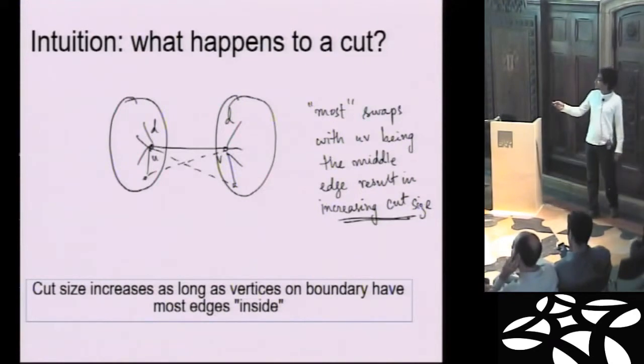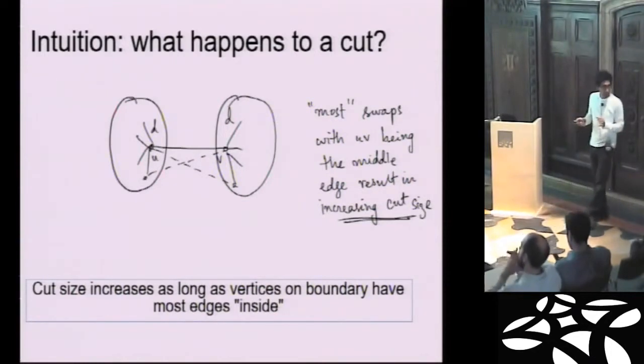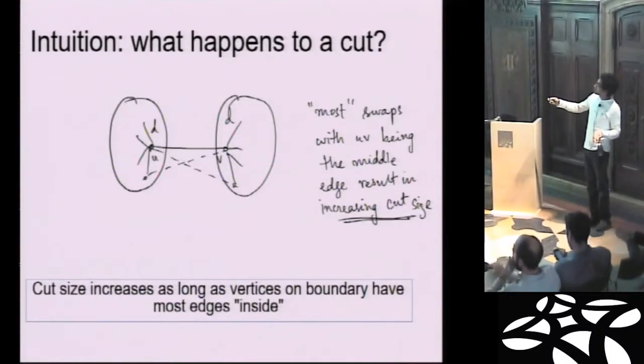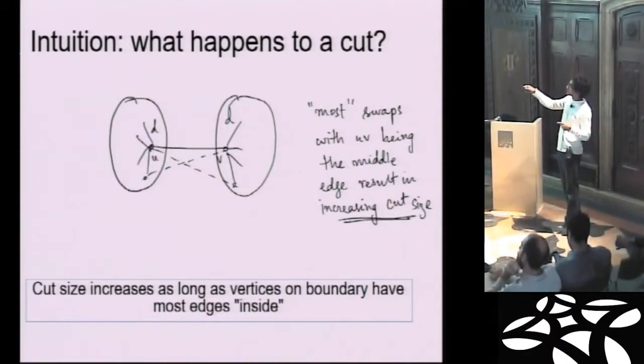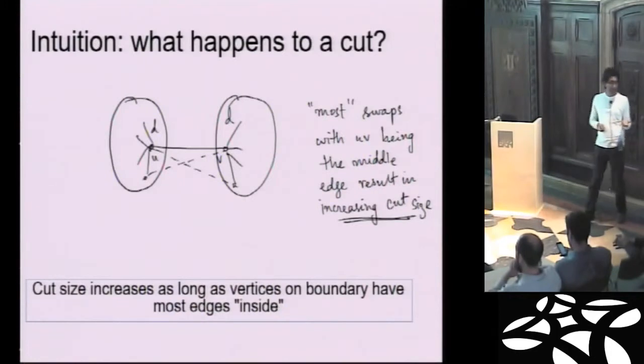Okay. But when you do have the middle edge of the flip being this UV, then what you'll end up doing is you'll pick some edge out of U, some edge out of V. Okay. So in this case, these two. And you'll replace these two edges by edges that go across. Okay. So you end up increasing the cut size by 2.